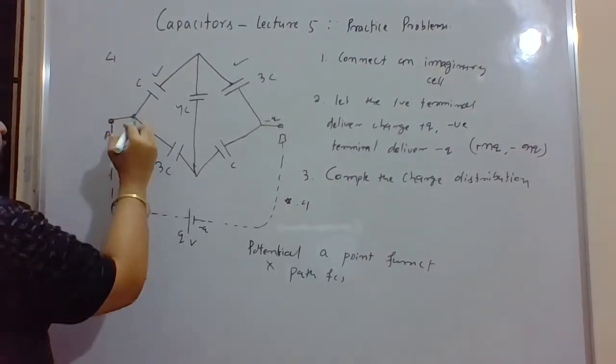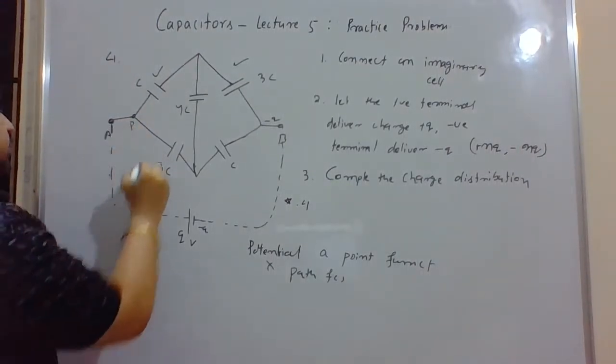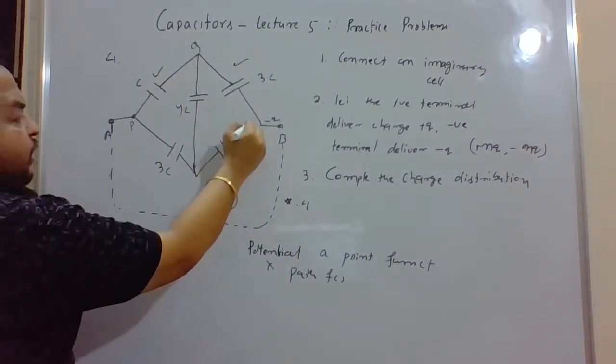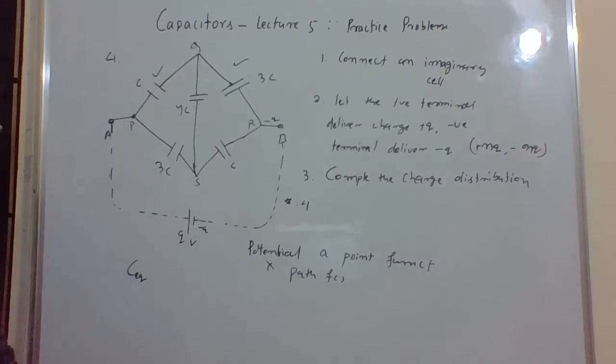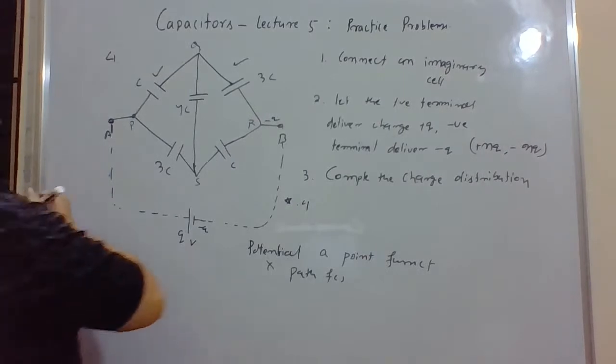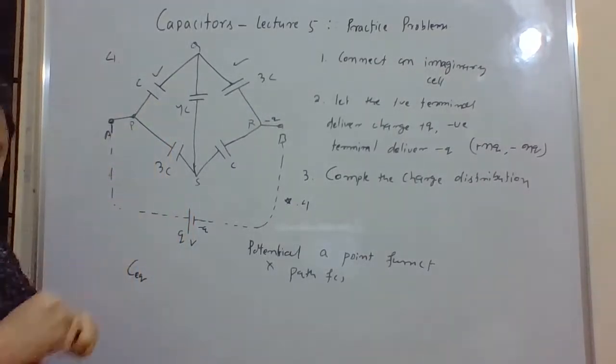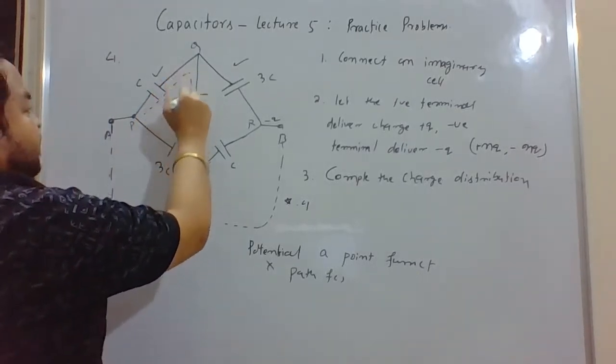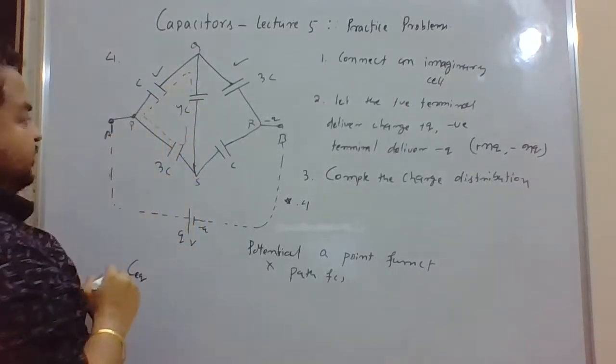In this circuit, let's again give them names: P, Q, R, and S. Suppose I start from point P and go in any direction, like this, and come back here.